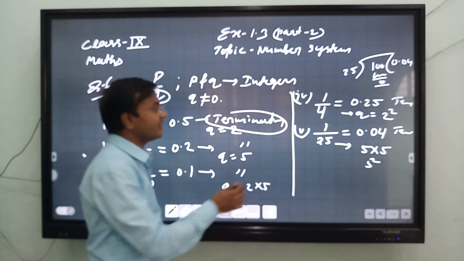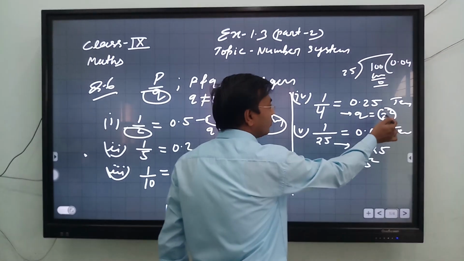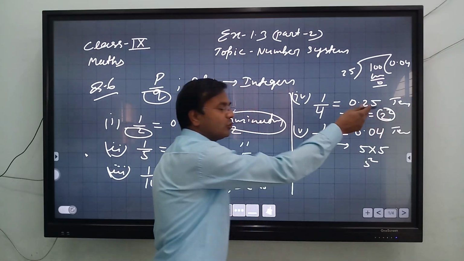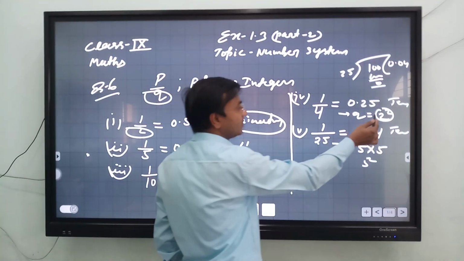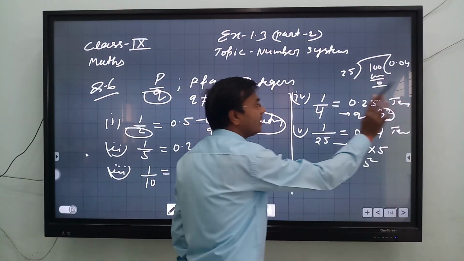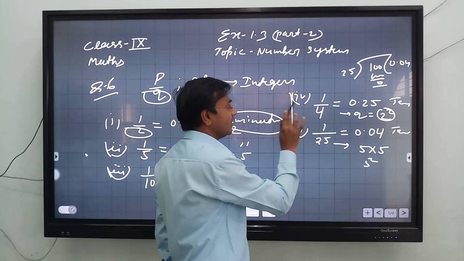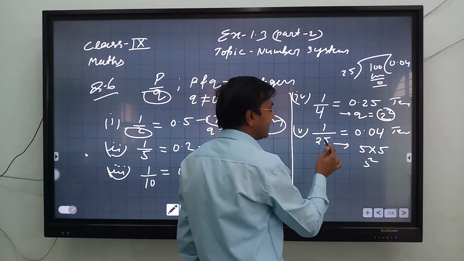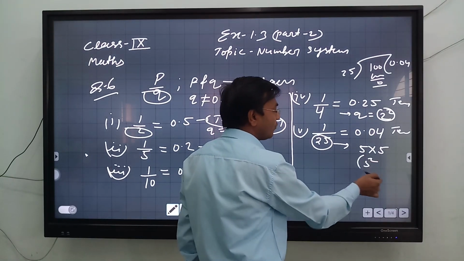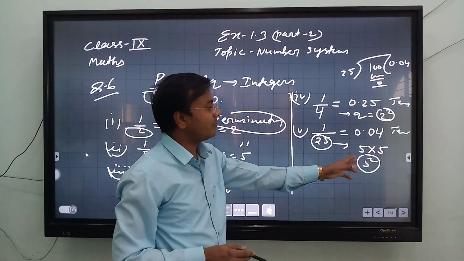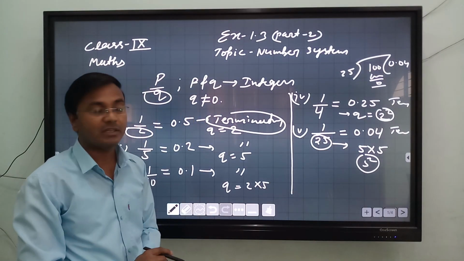And here we can say the exponent of 2, that is 2 square, even 2 cube, 2 to the power any number, 2 to the power 3, 4, 5, any number can come, then you will see the number must be terminating. And same here, 25 is coming, so 5 square. So here again the exponent of 5 is 2.